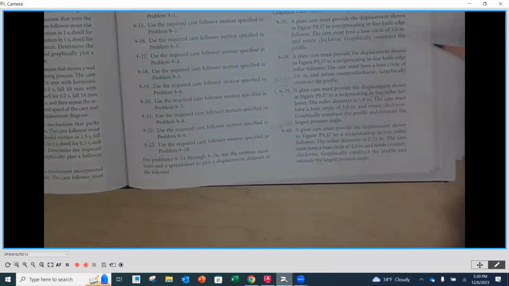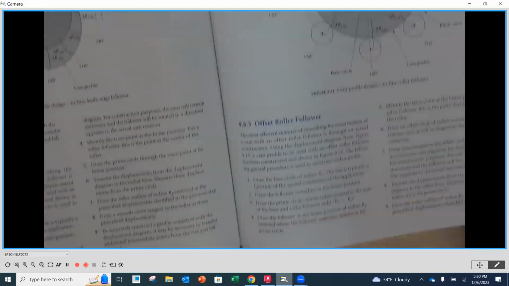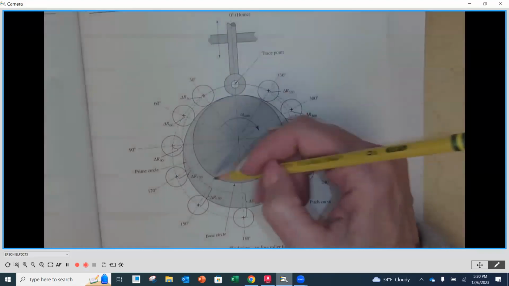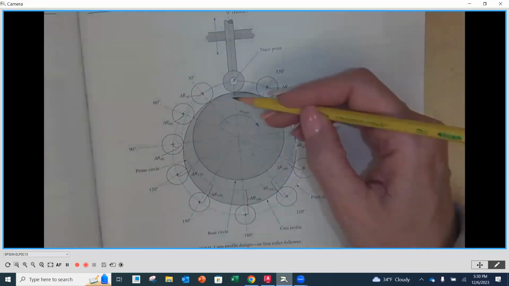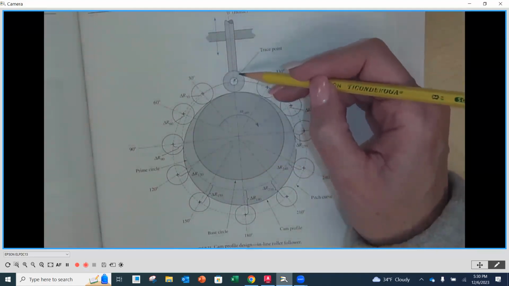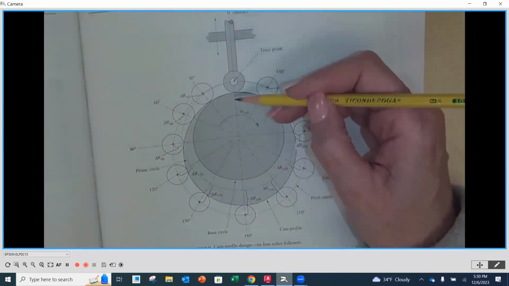Okay, so this is going to look identical to this setup right here on page 239. Your base circle is going to be 3 inches in diameter. Your roller is going to be 1 inch in diameter. And you're going to start right here at your 0 position.